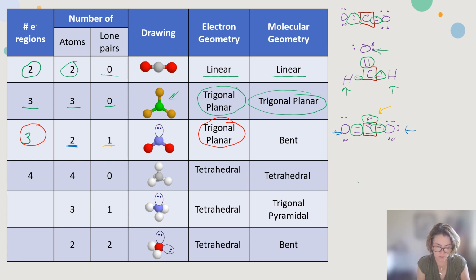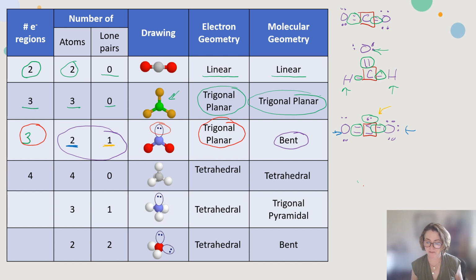And if you notice right here, rather than having an atom, I have a lone pair. All right, so that lone pair is going to influence that electron geometry and make it trigonal planar. But it is the number of atoms and lone pairs on that central atom that are going to determine the overall shape of the molecule. And since I have 2 atoms and 1 lone pair, that is going to make this molecule bent.